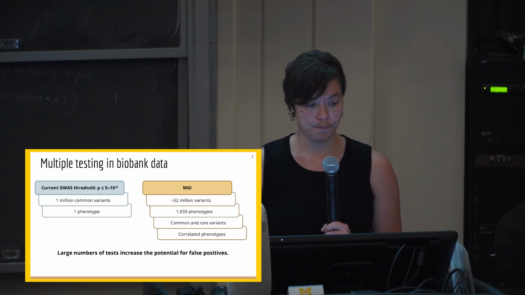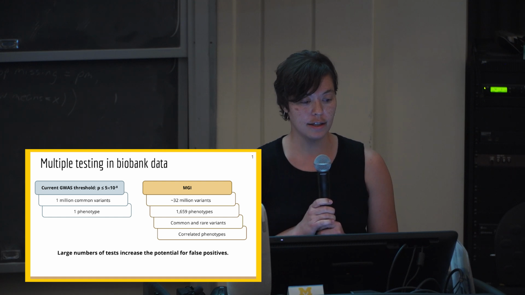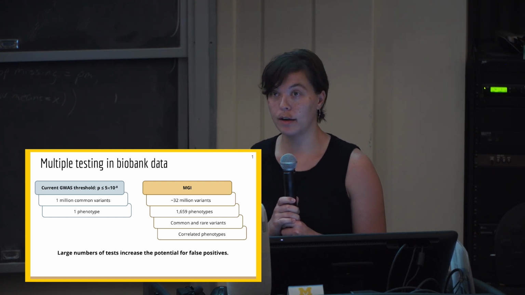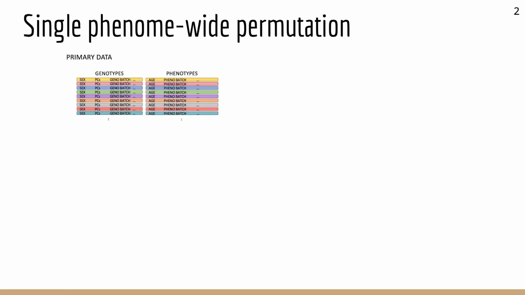So I'd like to present a single phenome-wide permutation method that we've been working on for a couple of years. On the slide, you can see a diagram of primary data: the data we would get from our MGI cohort, with genotypes and genotypic covariates on the left, and phenotypes and phenotypic covariates on the right.